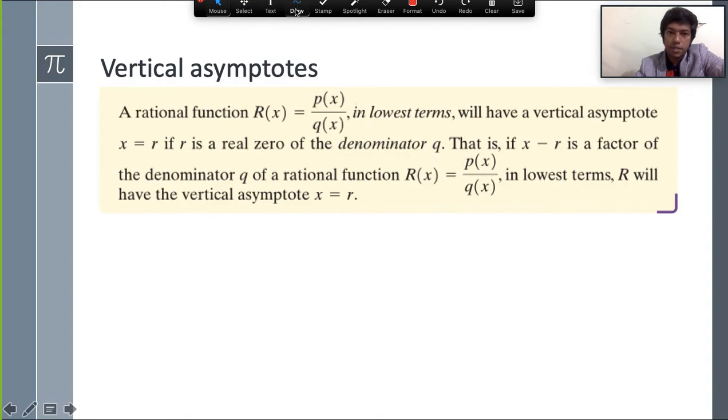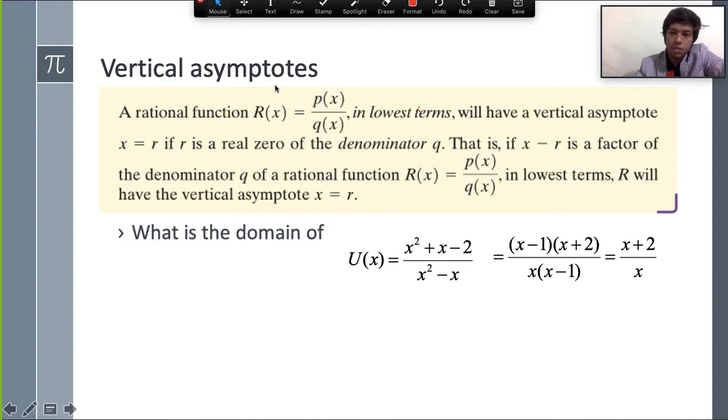So look at this important thing. This is lowest term, but in the domain that is not lowest term. This is very sensitive. I will tell you now why. So see, what was the domain? In the process of finding the domain, we said that domain of this function is x cannot be equals to 0 and x cannot be equals to 1.